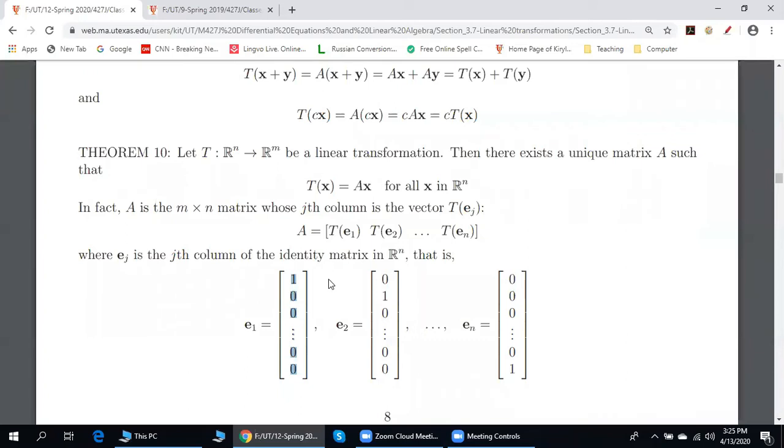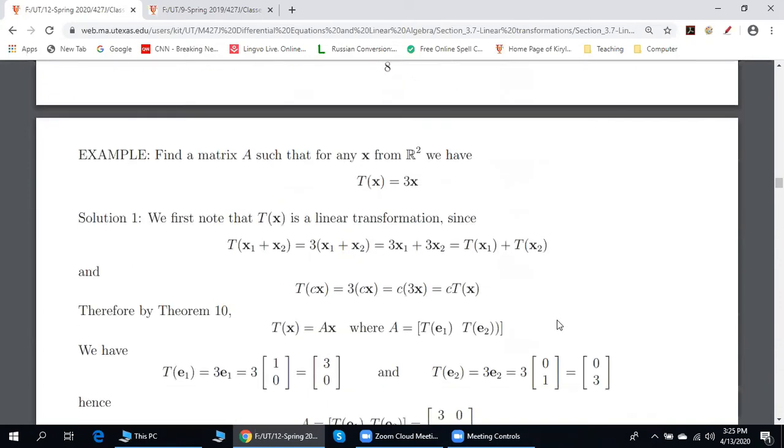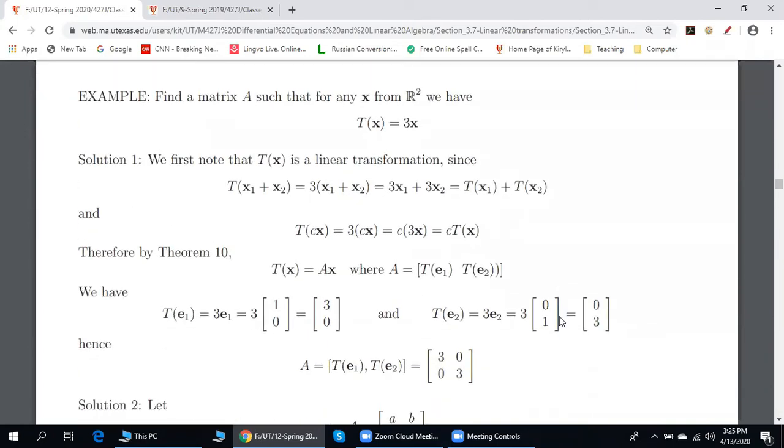Yes, absolutely. So columns depend on T, but e1, e2, and so on are always the same. This is e1, this is e2, and so on. This is en. Other questions here?